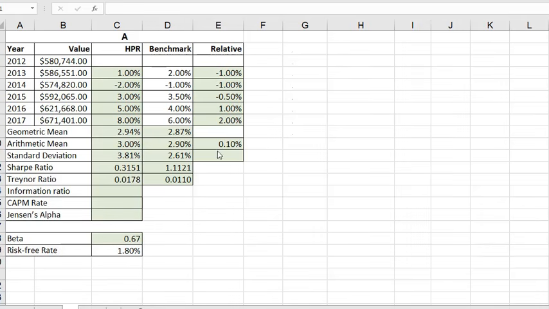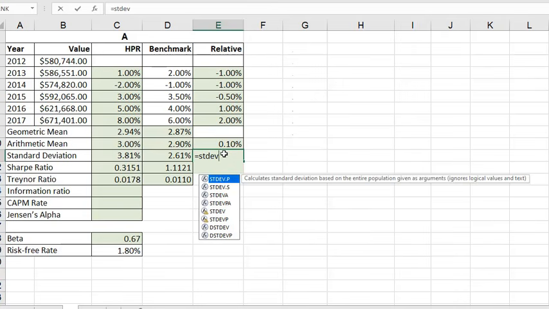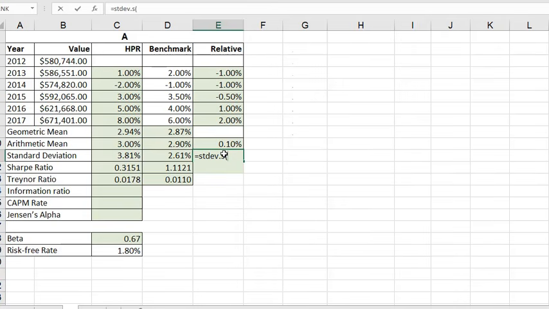So we can go ahead and use our formula to calculate standard deviation using the sample, and we're calculating the standard deviation here. Now what's that going to tell us? That means that the lower the standard deviation, the more certain we're going to be of hitting that arithmetic mean. If we're an active investor and we're trying to generate alpha, and we'll get down here to Jensen's alpha in a moment, if we're trying to generate those excess returns, we're trying to beat the market.